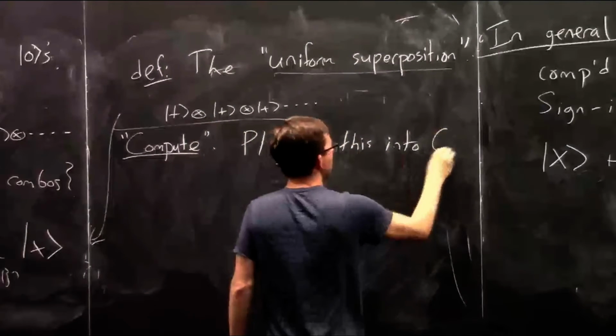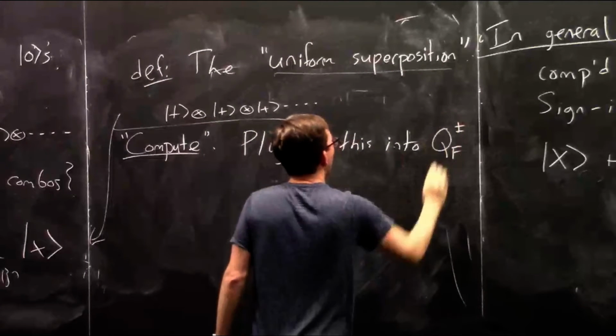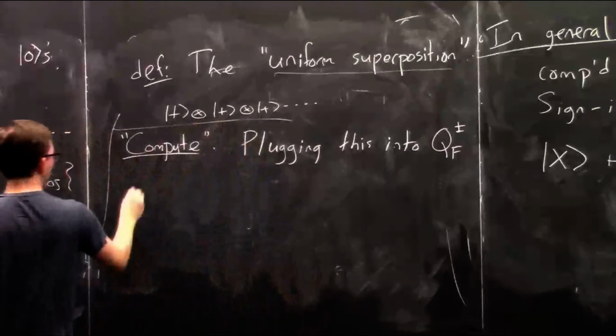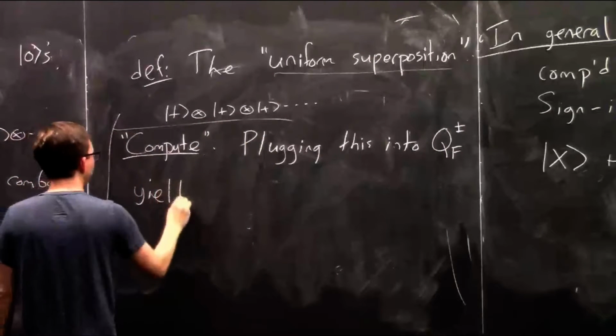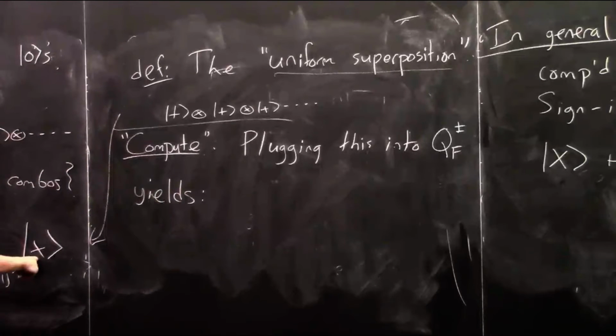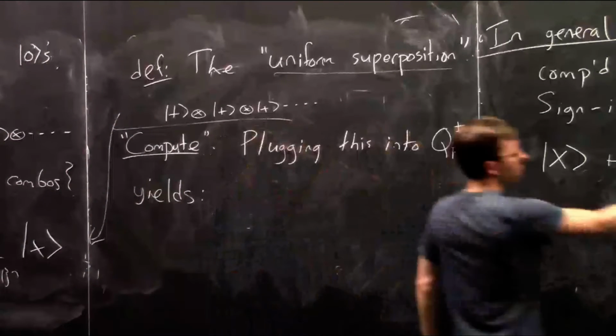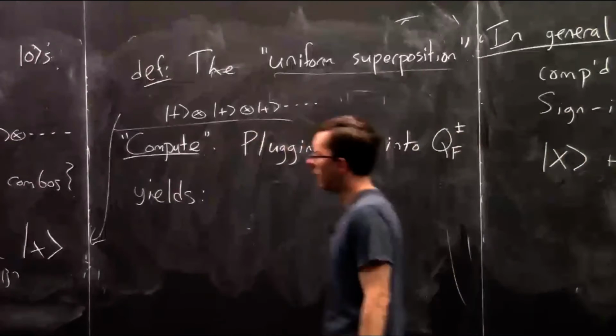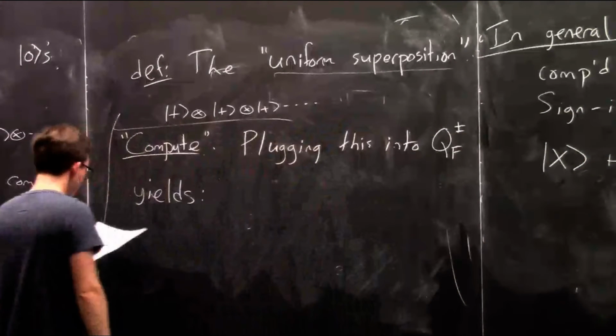So if we plug this into a quantum circuit for computing f, what state do we get out? Well, by definition, each x here just goes to x again, but with potentially a plus or minus sign encoding the answer.